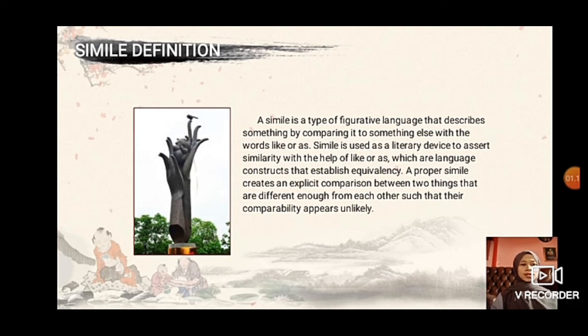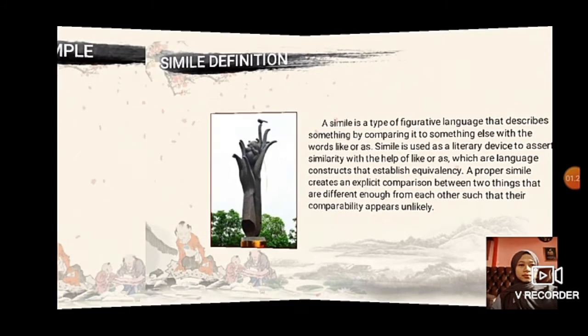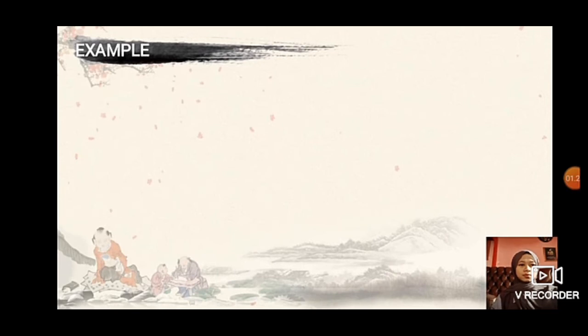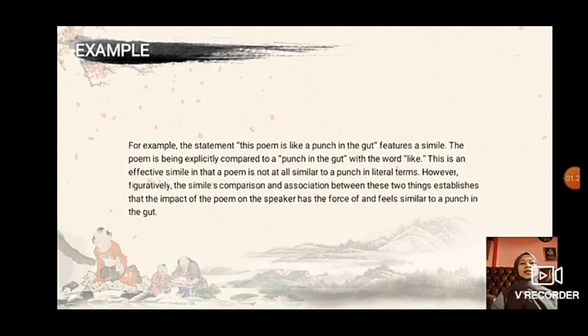So, the sign of a simile is like or as. For example, the statement "this poem is like a punch in the gut" features a simile. So, the poem is like a punch in the gut.